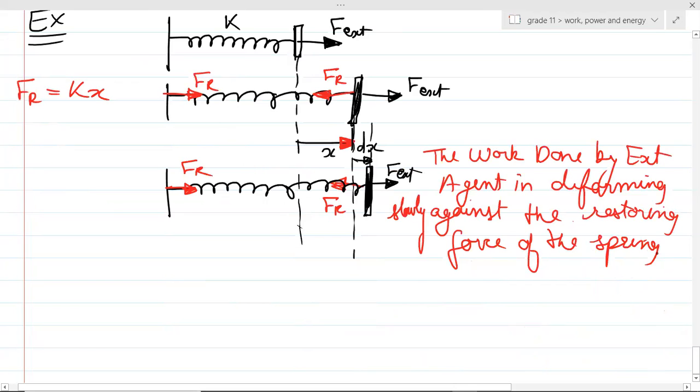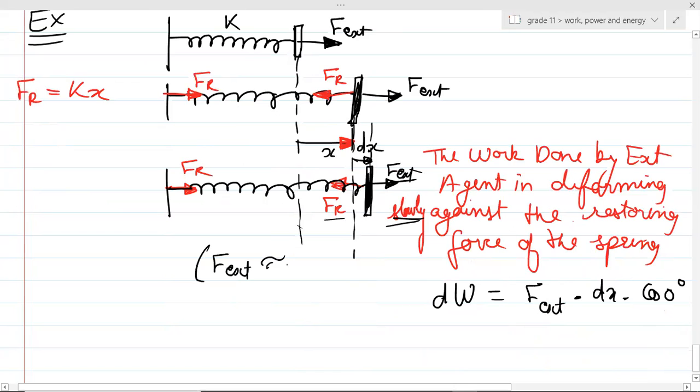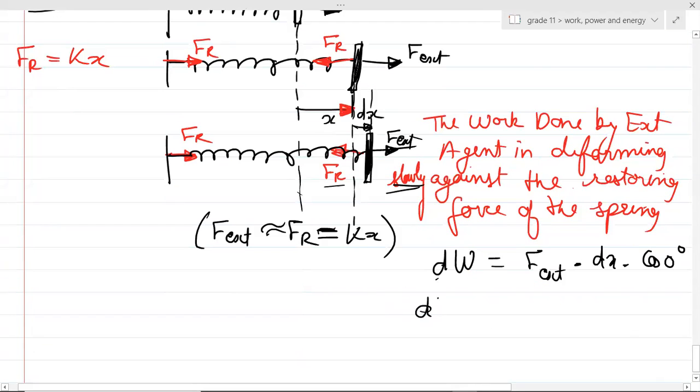So it will be dW. So dW will be equal to F external into dx into cos 0. But we know that if I am doing it slowly, that implies this force and this force will be almost equal, Fr, and this will be equal to what? kx. So I'll write kx over here. dW will be equal to kx dx, and cos 0 will be 1.